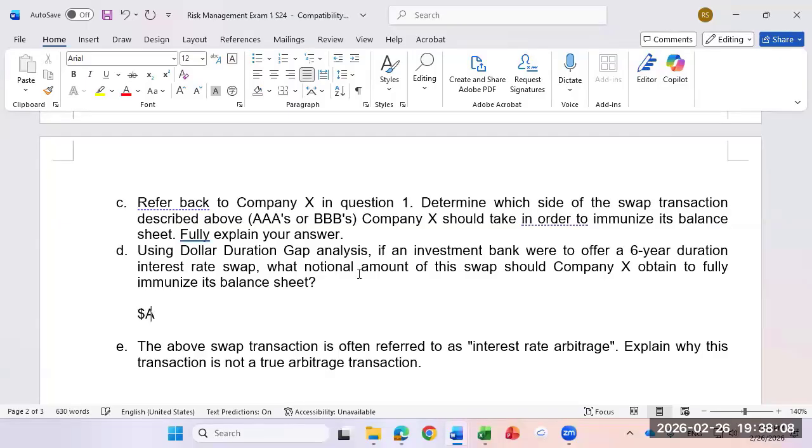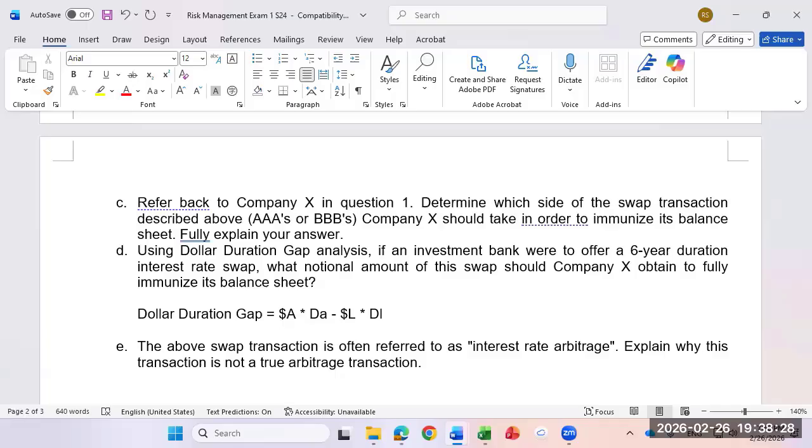So you're going to do the dollars in assets times the duration of assets, minus the dollars in liabilities times the duration of liabilities. That's your dollar duration. Does that come back to you? That sound familiar? It's pretty straightforward.